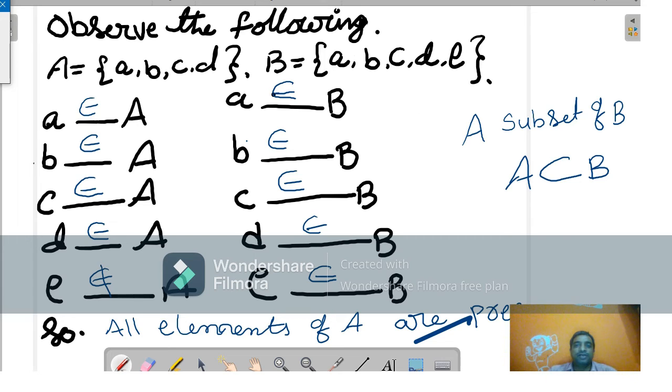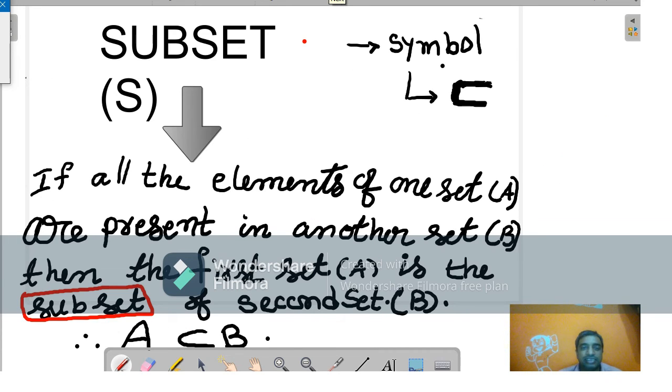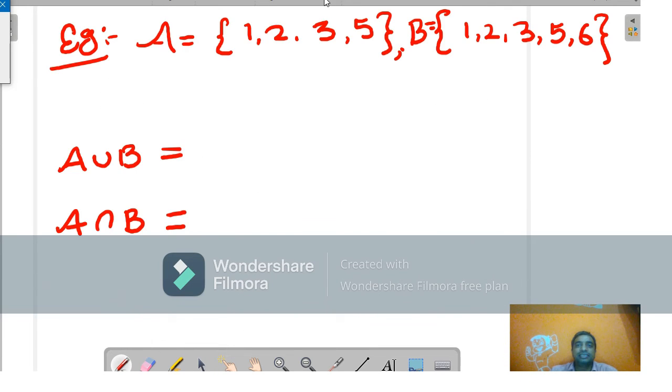Coming to the definition: if all the elements of one set, A, are present in another set, then the first set is the subset of the second set. And A subset B is denoted like this.